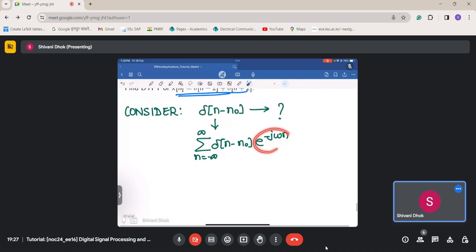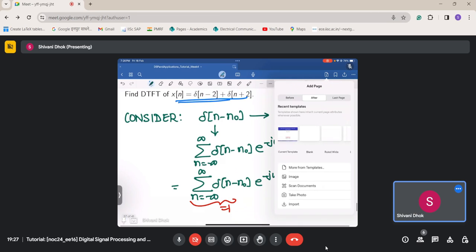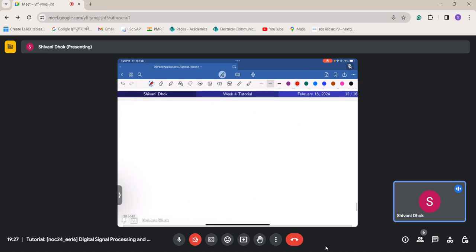So this is exactly equal to summation n running from minus infinity to infinity delta n minus n naught into e power minus j omega n naught, where this thing is constant and this thing here is equal to 1. So this is simply equal to e power minus j omega n naught. So what we have found is delta n minus n naught has a DTFT e power minus j omega n naught.